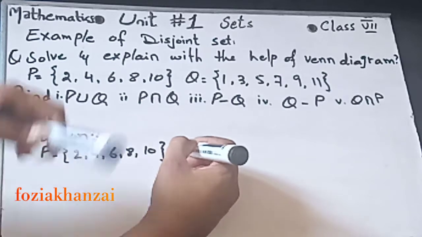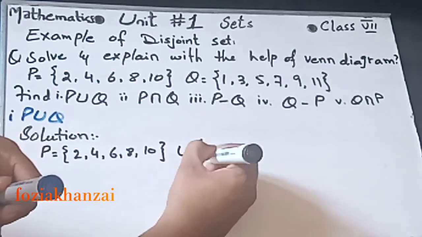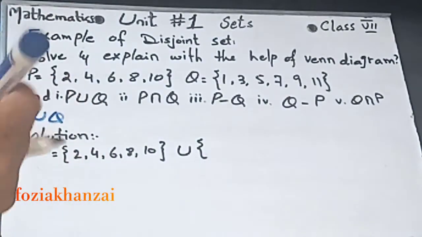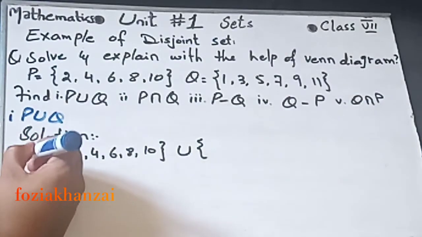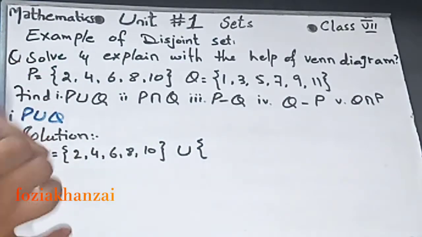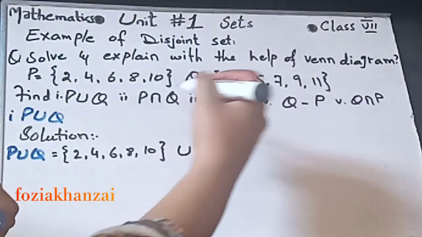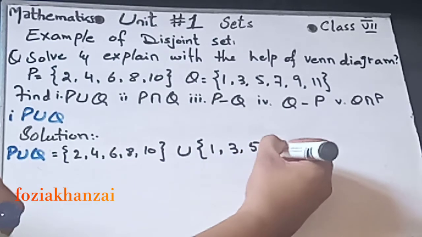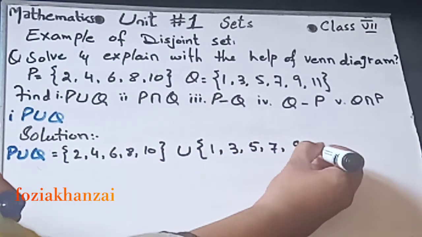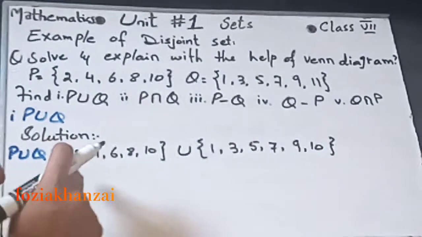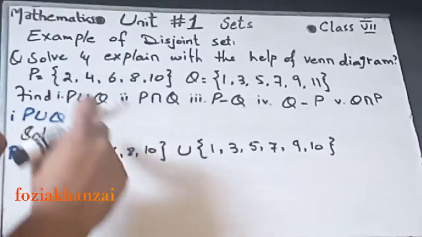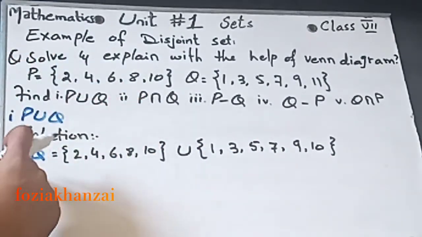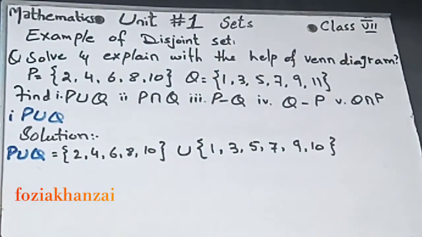Put the union sign. Set Q is 1, 3, 5, 7, 9 and 11. Is it clear? Set P and set Q, we find the union. Union means write down all elements which belong to set P and Q together.